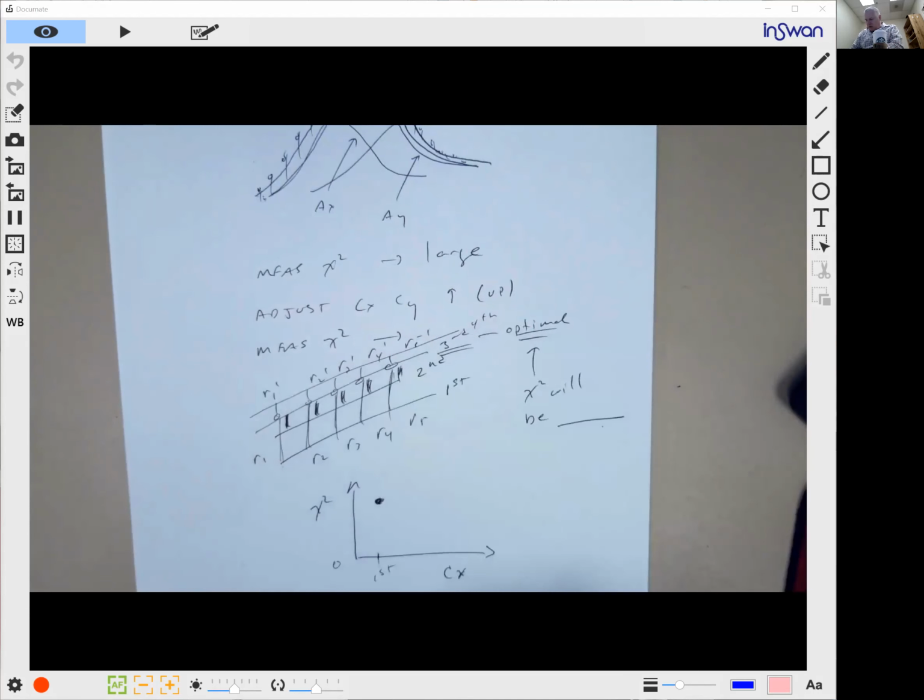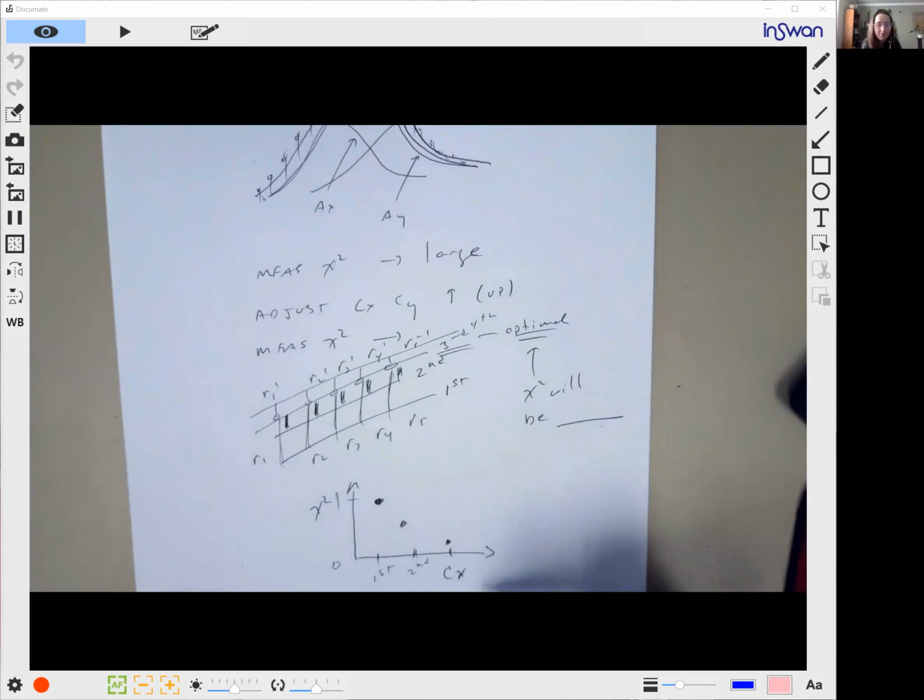Let's say that's 0 and this is 1,000 or a million or whatever up here. Our second guess, it'll be lower, right? And our third guess will be 0. It'll be lower still.